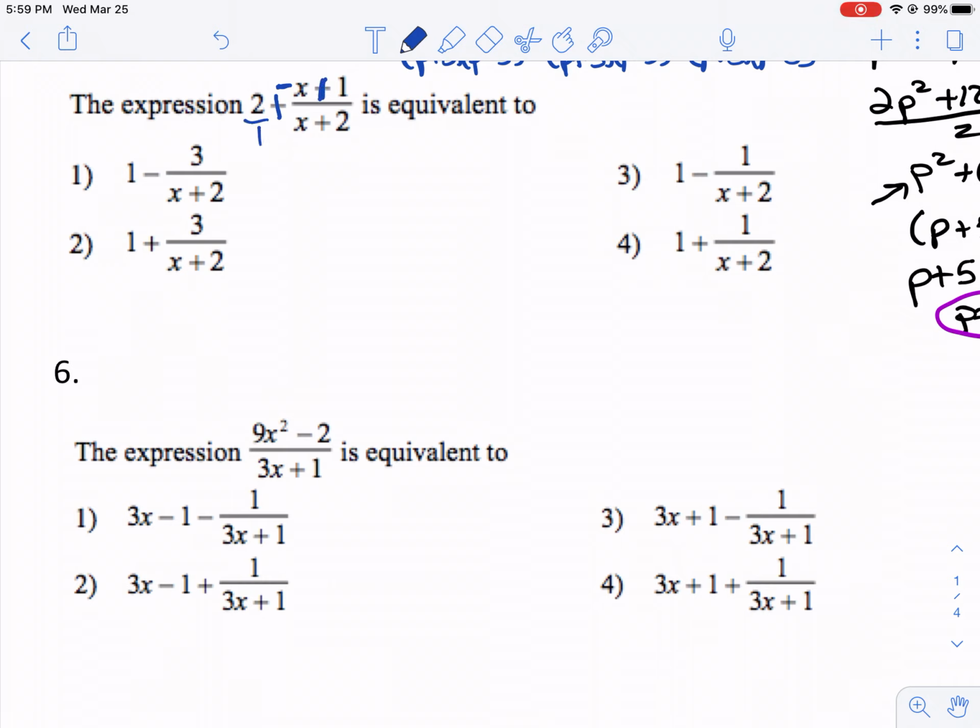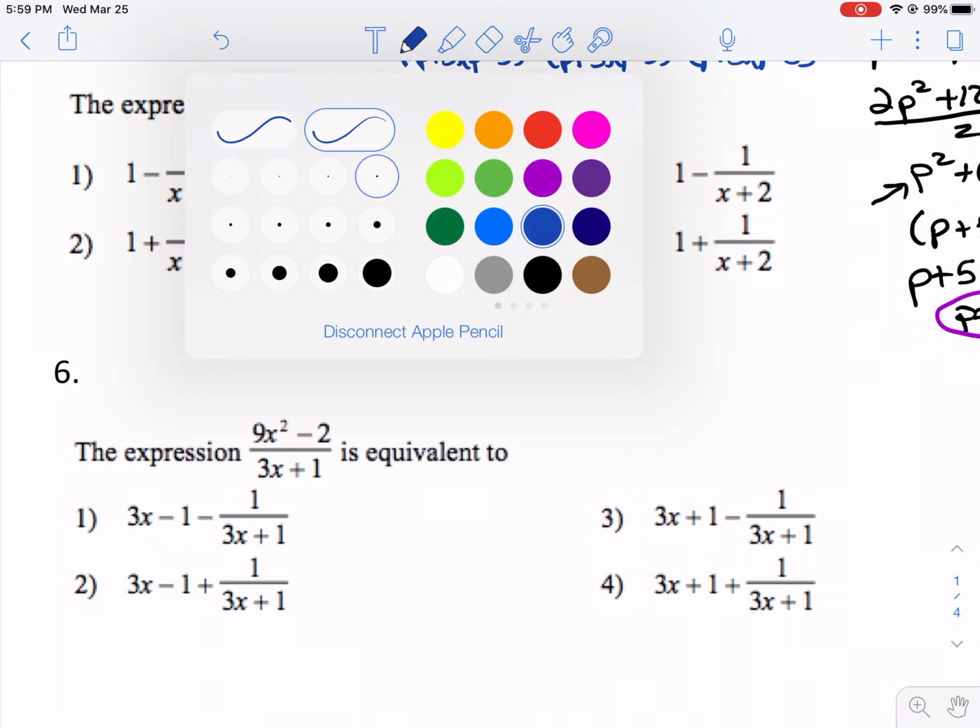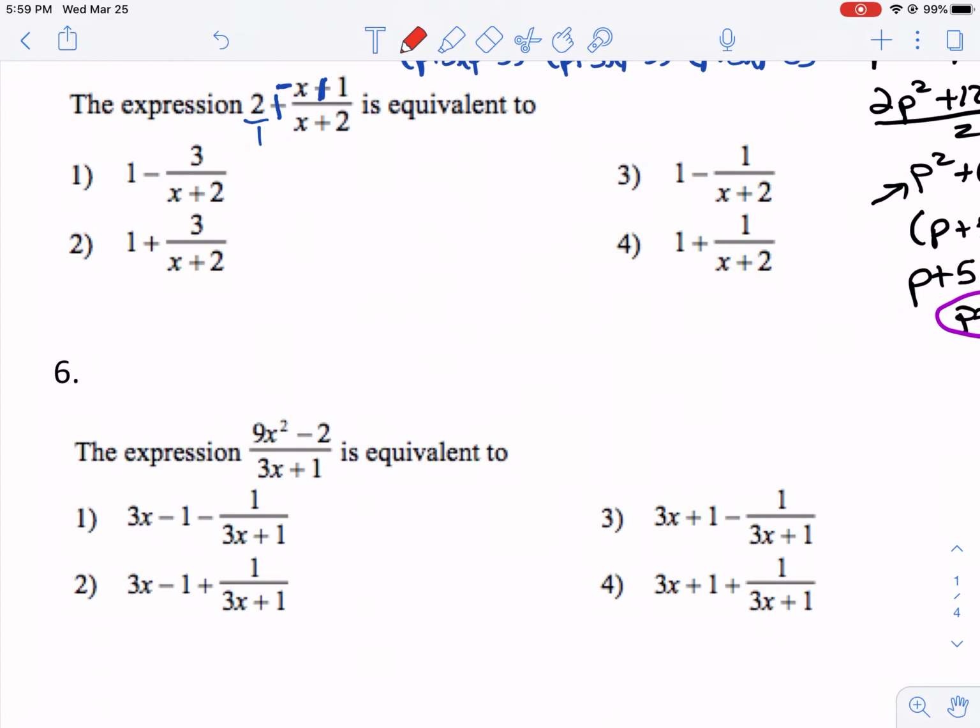And then I'm going to put the 2 over 1 just to make him feel happy that he's a fraction too. In order to add fractions, you need a common denominator. Well, the common denominator is just going to be the x plus 2, so I need to multiply my first fraction by x plus 2 over x plus 2. So when I distribute the 2, I get 2x plus 4 over x plus 2.